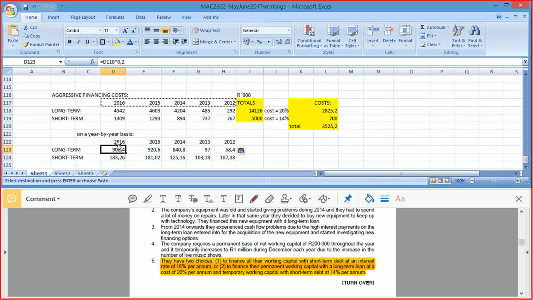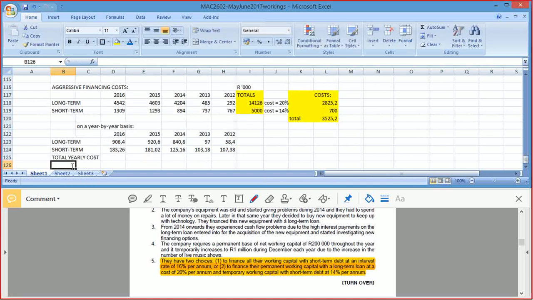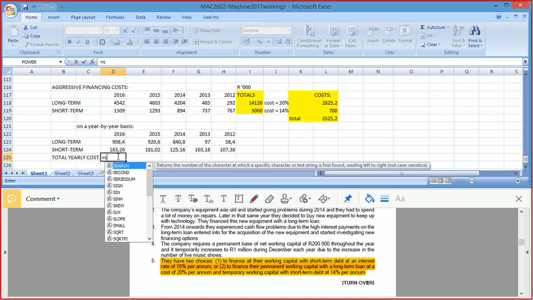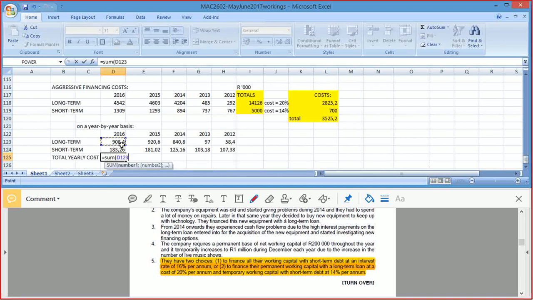Then that would have been the cost for the first year. This times 20%. This times 14%. See, those are the individual costs every year. You see that? Yes, sir. Okay, and if you sum it up, then you would get that.